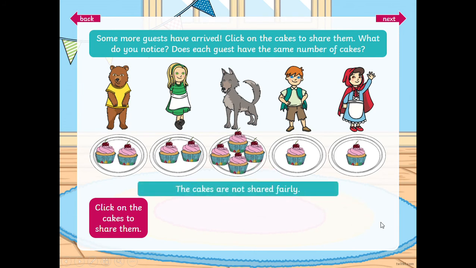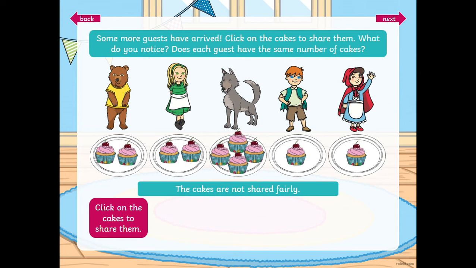Are these cakes shared fairly? Have a look at them. How many has each one got? No, you're right. Baby Bear has got 2 cakes. Goldilocks has 2 cakes. The Big Bad Wolf has 4 cakes. Hansel has 1 cake and Little Red Riding Hood has 1 cake. That is not fair.